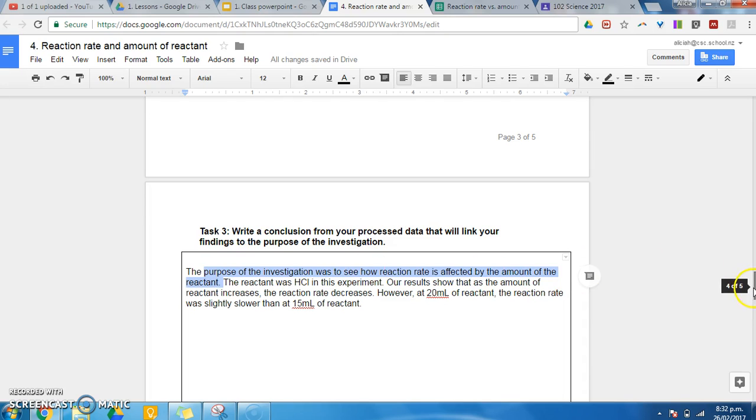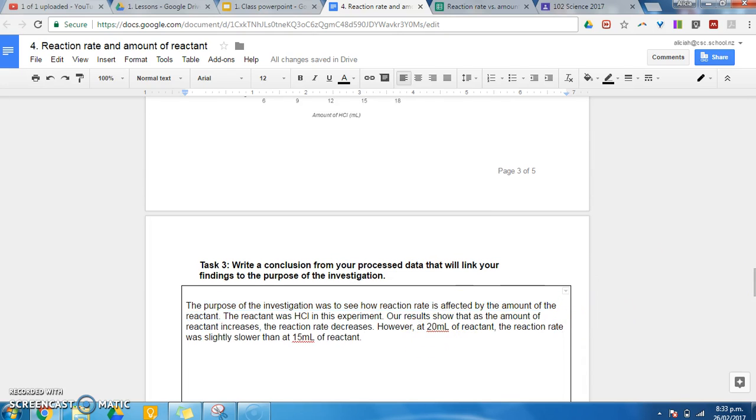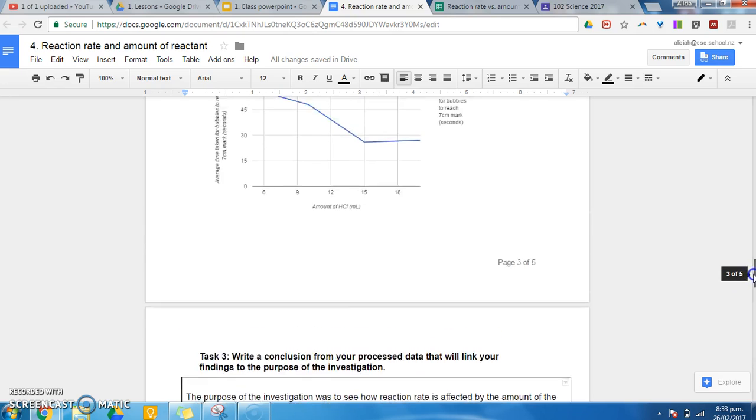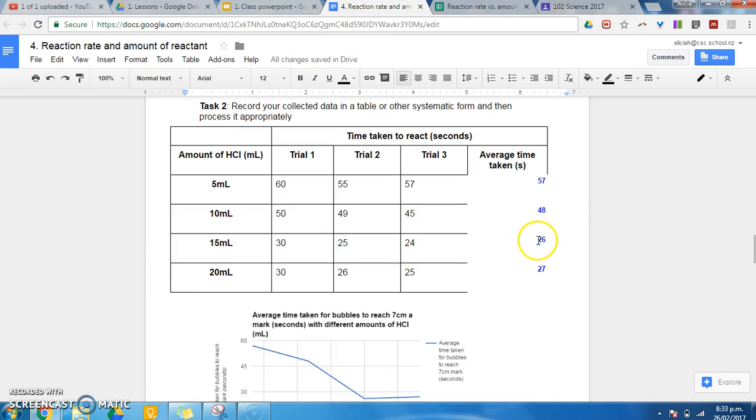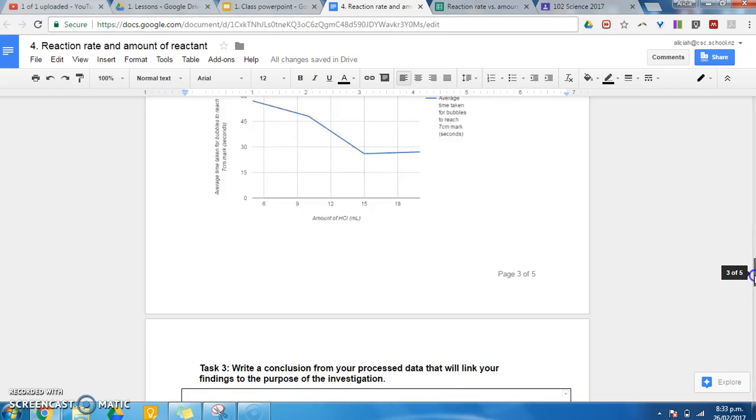So what we should do now is include some data points. So we've already put in a few, but we'll add in some extra ones too. So we'll say our fastest reaction rate was at 15 mils when the bubbles produced by the reaction reached the 7 centimetre line in only, and we can look back at our graph or our average table to find out the number, only 26 seconds.